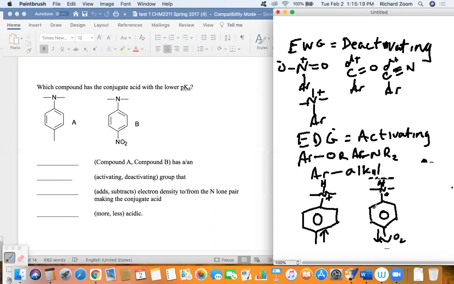So if you look at that, you've got positive, and then you've got positive. So it wants to lose the H plus, so it can become neutral and it's no longer interacting with what amounts to a partial positive charge down here. That's what makes it more acidic. Does anybody have any questions about that?